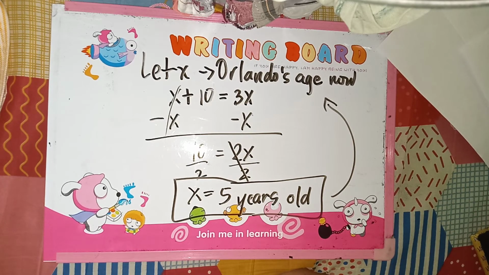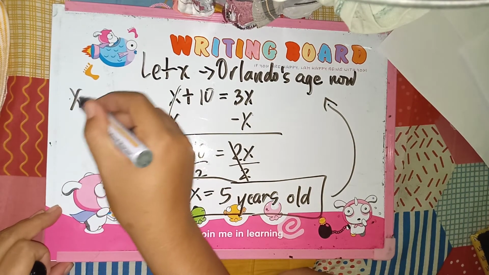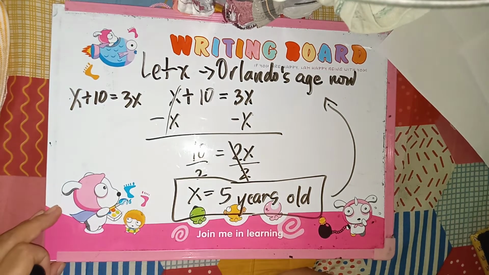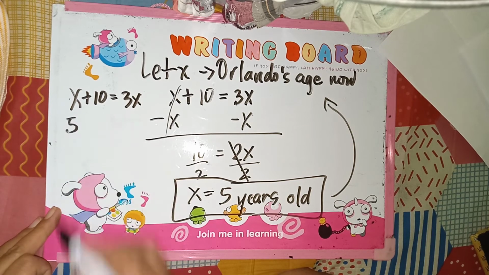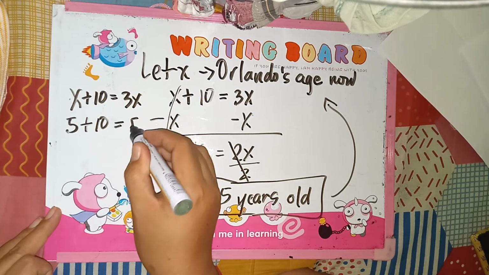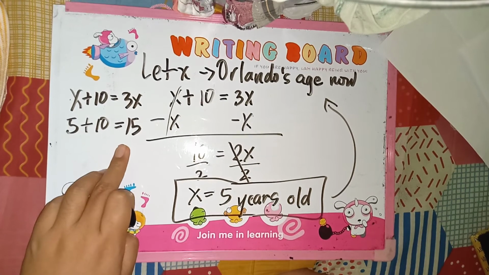Okay? So, let's try to check if our answer will satisfy all the situations. So, we will have x plus 10 equals 3x. So, we will have x, which is 5, plus 10 will be equal to 15.